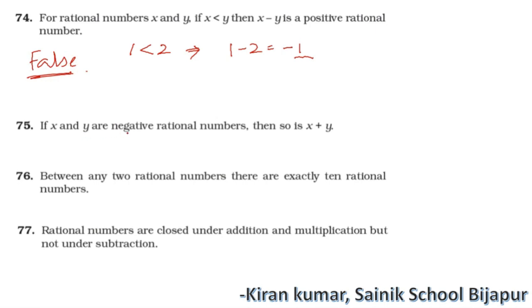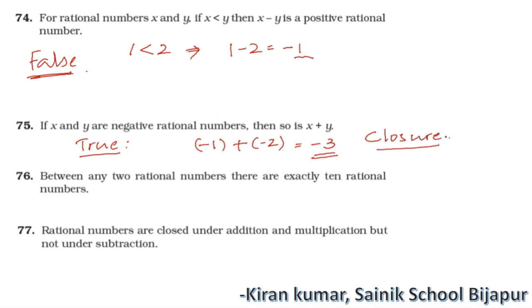If x and y are negative rational numbers, then x plus y is a negative rational number. This particular statement is a true statement, because when I consider a negative rational number added to a negative rational number, we get one more negative rational number. This particular property is called the closure property.